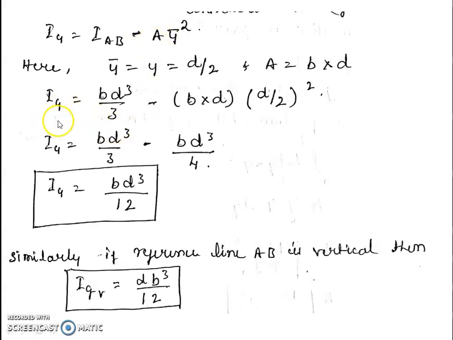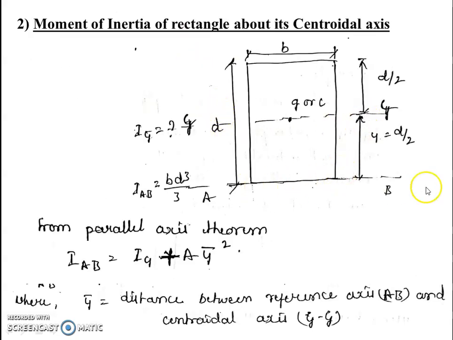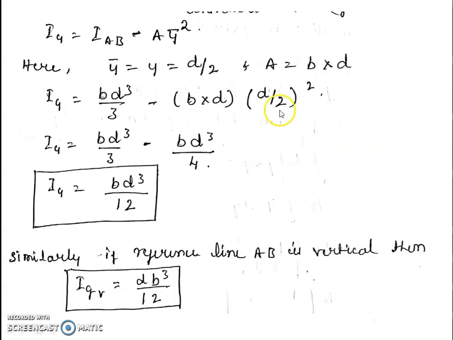Then the equation becomes I_G equal to, substituting the moment of inertia about its base, b d cube by 3 minus the area b d, and the perpendicular distance between the centroidal axis and the reference axis. This is the reference axis, this is the centroidal axis, this is the distance, that is d by 2, squared.